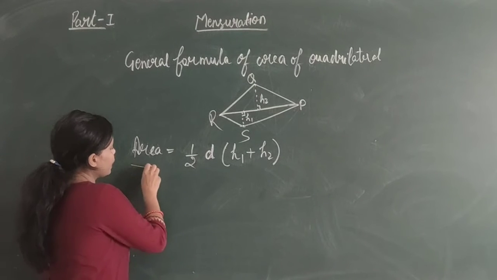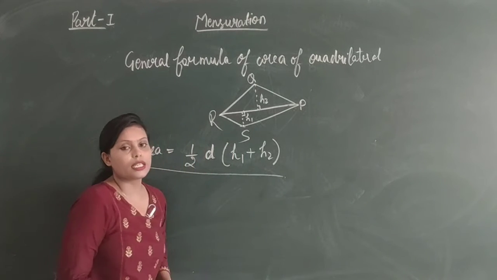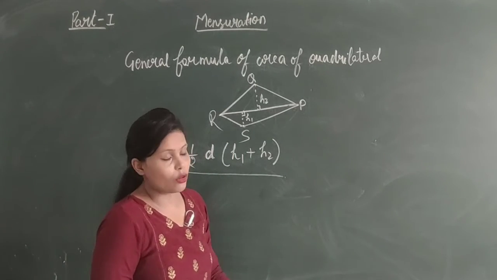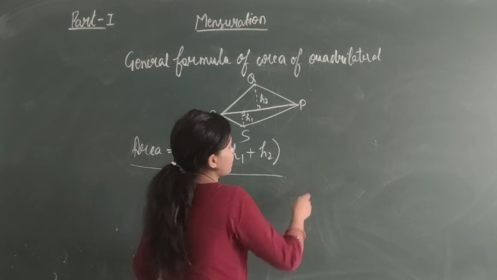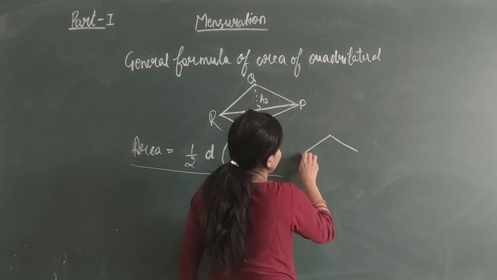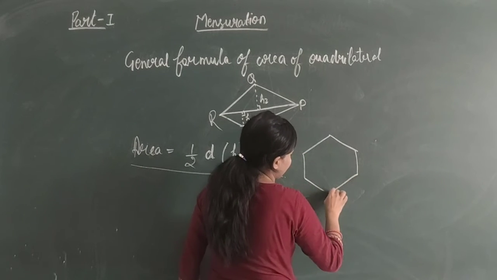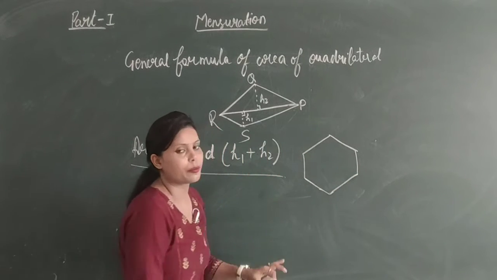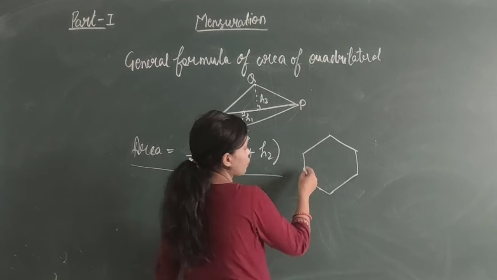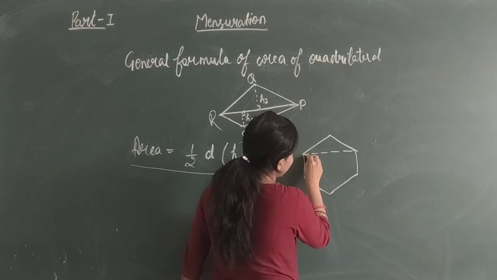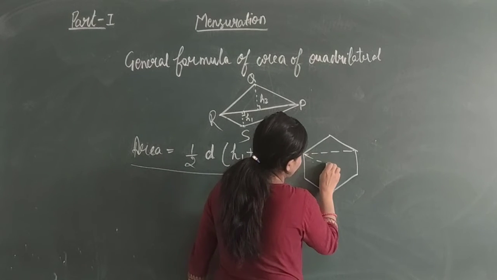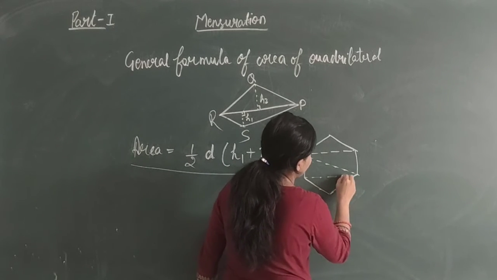We can find the area of any quadrilateral or any polygon with this division formula. How? Suppose I am given this polygon and I don't know about the shape. We will divide this into triangles.